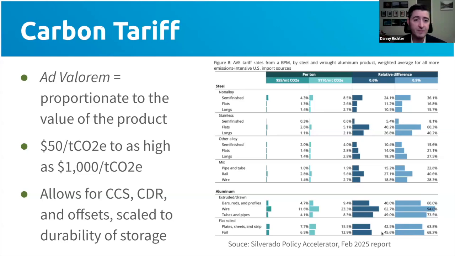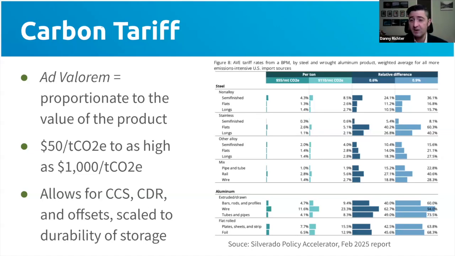It does allow for a reduction in the tariff for CCS, that's carbon capture and sequestration, carbon dioxide removal, that's CDR, and offsets. It also scales the rebate for the offsets to the durability of the storage, which I thought was really interesting. So if it's not going to be stored for as long, then you don't get as much of a rebate.